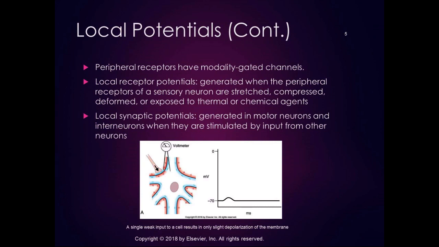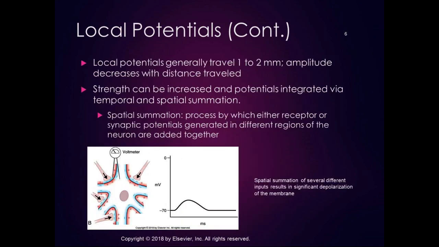Okay. So local receptor potentials cause modality-gated channels to open, and they encode the sensory information into a flow of ionic current. Local potentials travel just that short, 1 to 2 millimeters, and the amplitude decreases with the distance traveled.